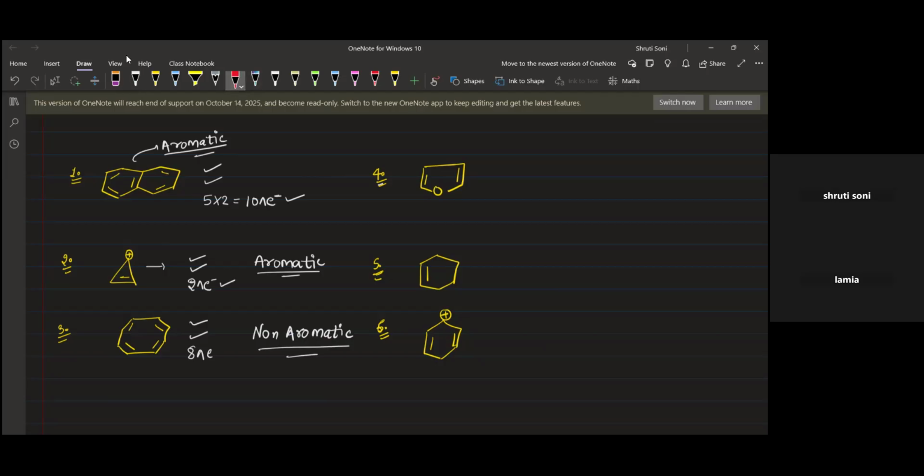So this is important. You can note down that if in any case you are getting 8 pi electrons or more than 8 pi electrons in an anti-aromatic compound, those compounds will automatically change into non-aromatic.